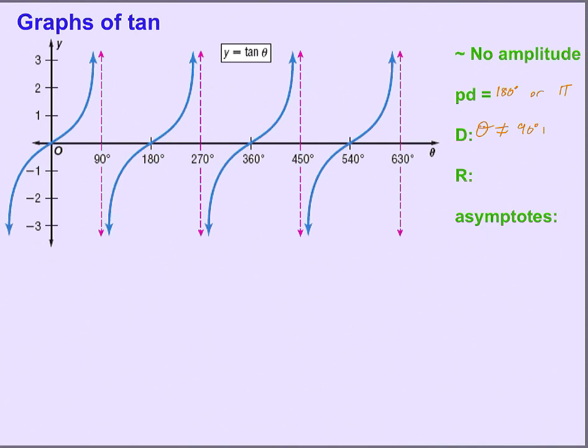So I'll write 90 degrees plus 180 degrees times n, or pi over 2 plus pi n if we want to talk in radians. So that's what theta cannot be. So this is one of those times when we write a domain, instead of listing everything theta can be, we list everything it can't be.